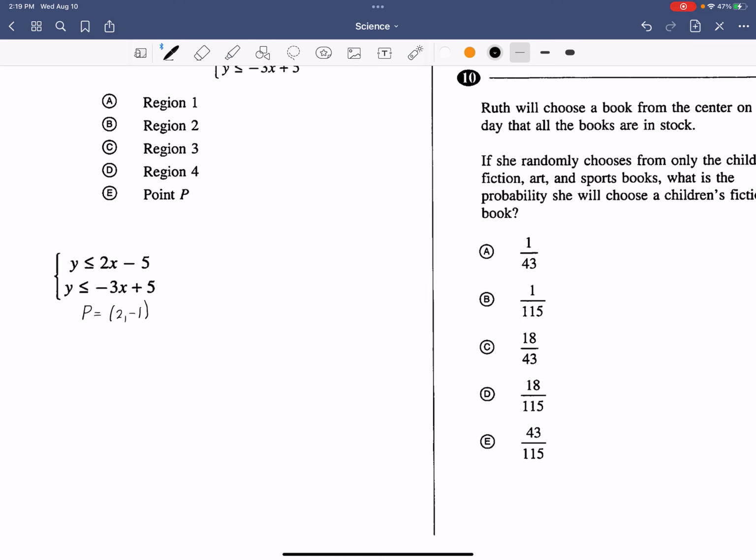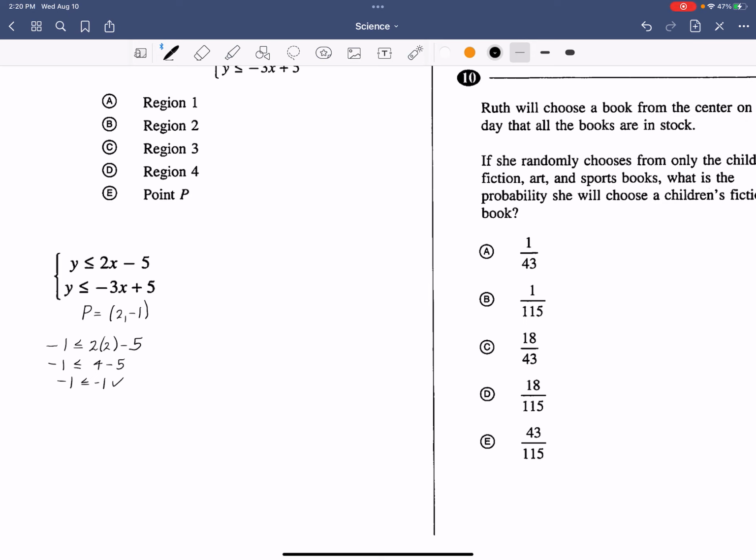So I have y, which is -1, is less than or equal to 2 times 2 minus 5. So I have -1 is less than or equal to 4 minus 5. So -1 is less than or equal to -1. And that does prove to be true, which I would expect because it's on the intersection.